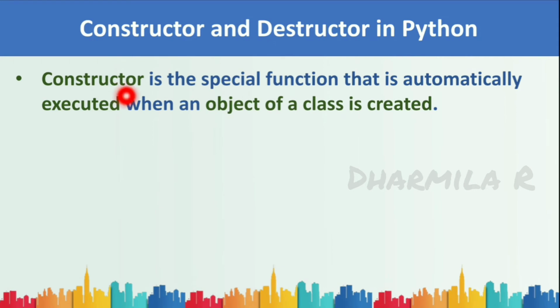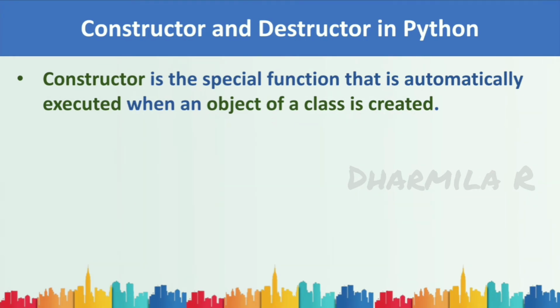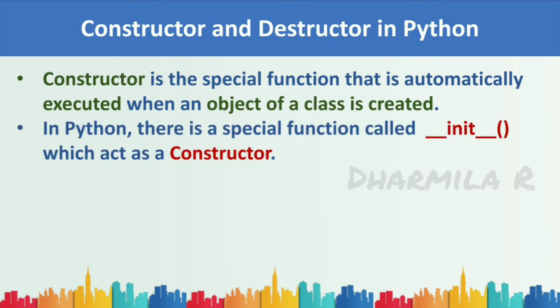So a constructor is a special function that is automatically executed when an object of the class is created. So again, this is very similar to the C++ concept. The constructor will be executed as you create the object in the class program. So this is the way to mention the constructor in Python. We have to write double underscore, then init, end with double underscore and open and close parenthesis.